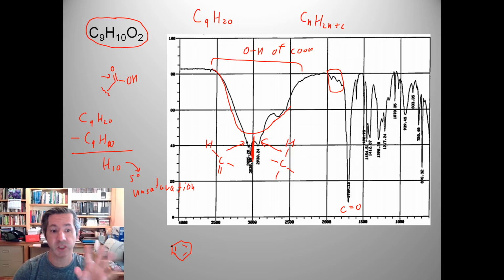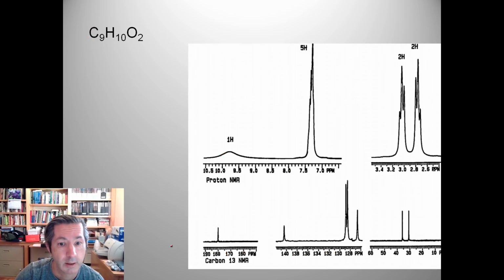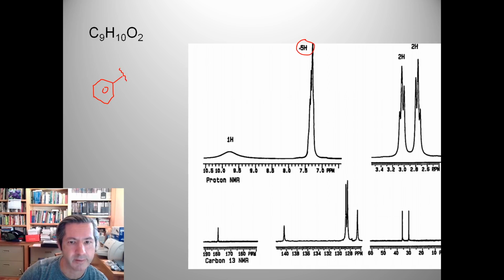So you can learn some just from the formula. Oxygen will not affect those degrees of unsaturation. So now let's dive into our proton and carbon NMRs here. And so we know that we have an aromatic ring, and it has to be mono-substituted based off of this right here.